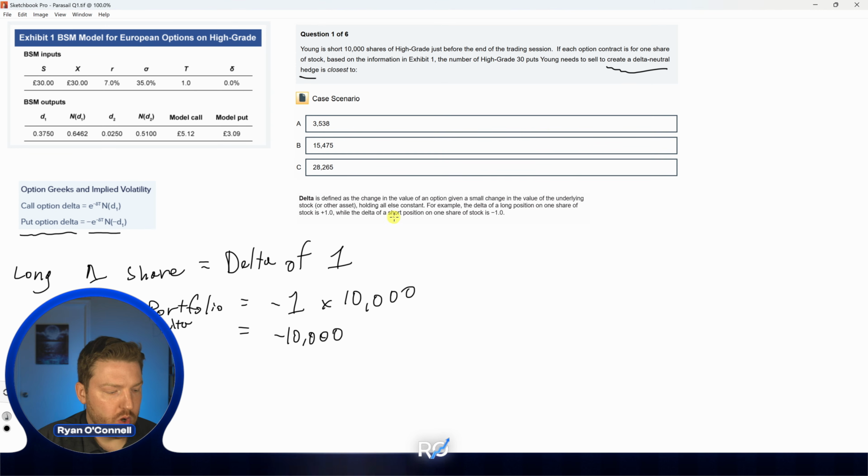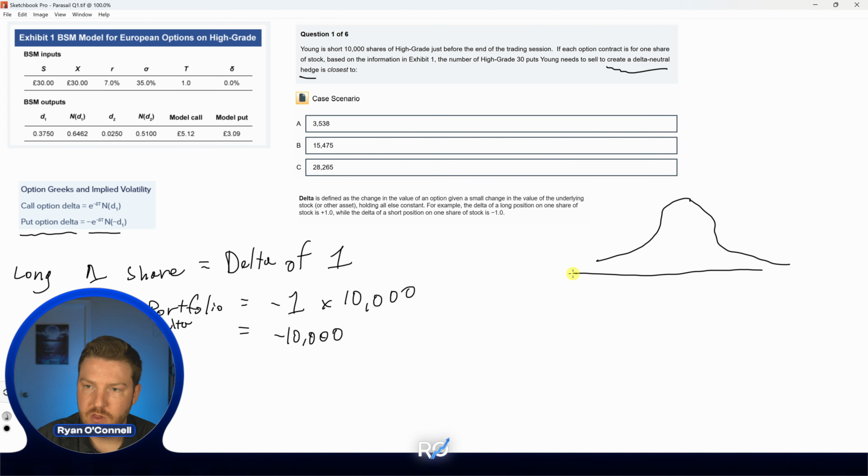If we look at what N(d1) really means, basically this is going to tell us, if we have essentially a standard bell curve of possible distributions and outcomes of returns, what percentage of the time do we expect an option to end up in the money? That is a loose interpretation of what it means.